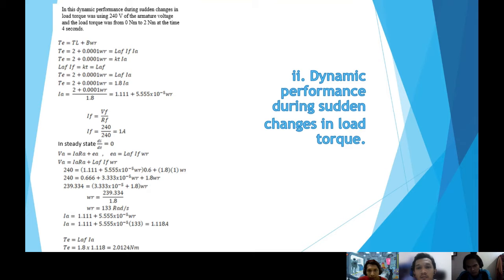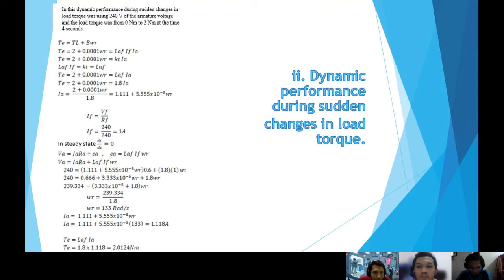Okay, second: dynamic performance during sudden change in load torque. The change is from 0 Nm to 2 Nm at the time of 4 seconds. Okay, we use the same TE equals TL plus B omega R. So IA we get 1.111 plus 5.55. Okay, IF we get 1 ampere.